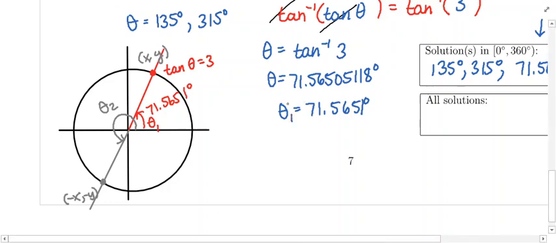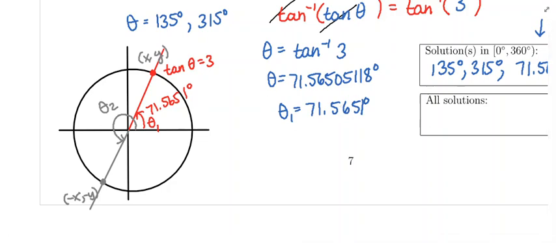Like I said, all you have to do to get this angle, because you want it to have the same coordinates but with the signs flipped, is go straight across the unit circle by 180 degrees. So all we have to do is take our 71.5651 degrees and add 180 to it.